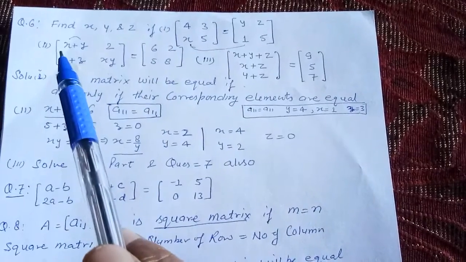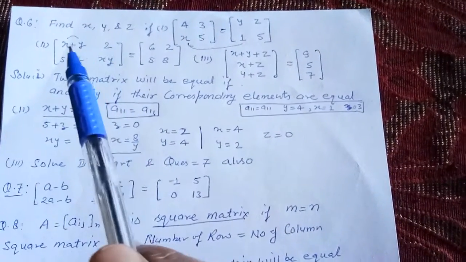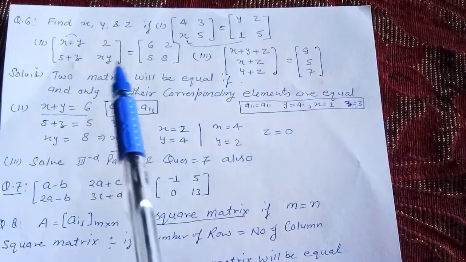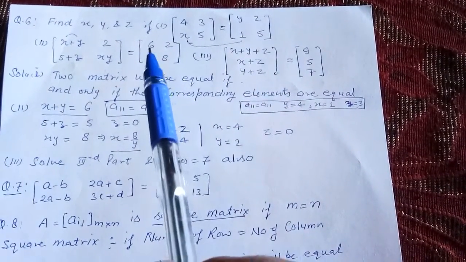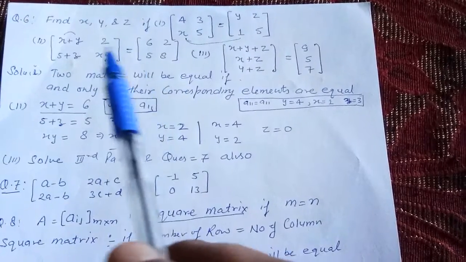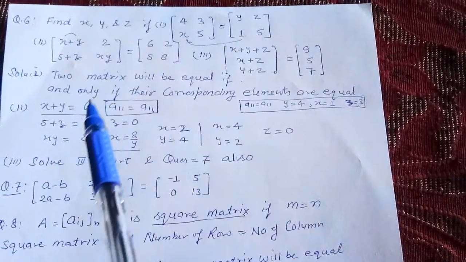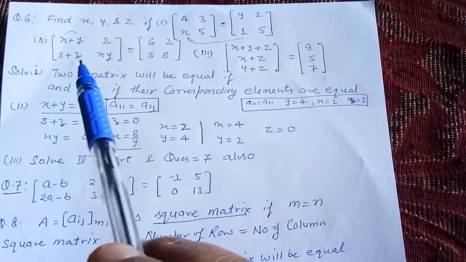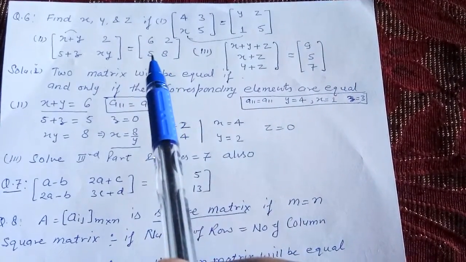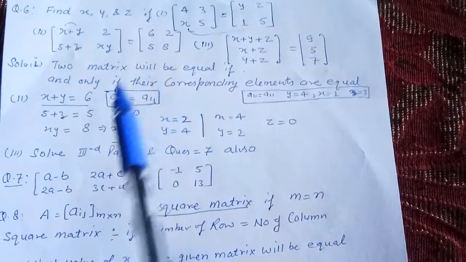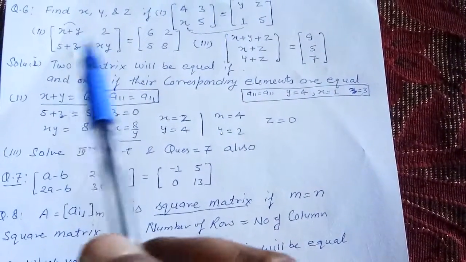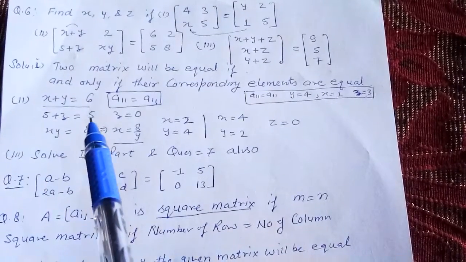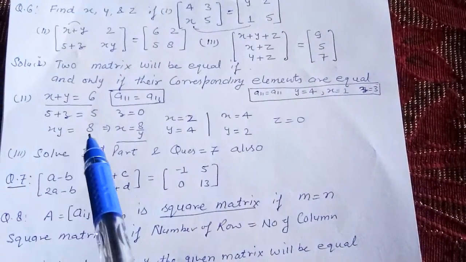And the second part is this one, x plus y, 2, 5 plus z, xy equals 6, 2, 5, 8. Comparing this, x plus y equals 6, 5 plus z equals 5 and xy equals 8.